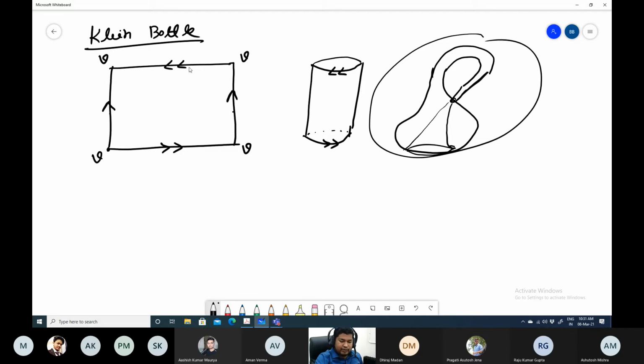Now when we identify the vertical and horizontal lines, the diagonal will also be identified. So ultimately four vertices will be identified. So this is one circle, this is one circle, this is one circle, this is one circle, but these two circles are identified. So we call this circle alpha, this is alpha, and say this is beta and this is beta. Now this is called the Klein bottle.